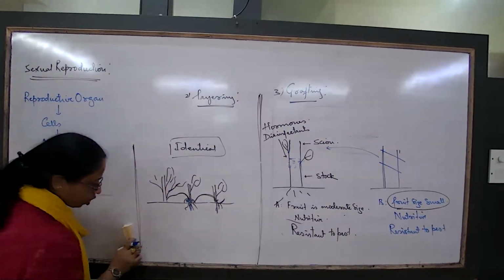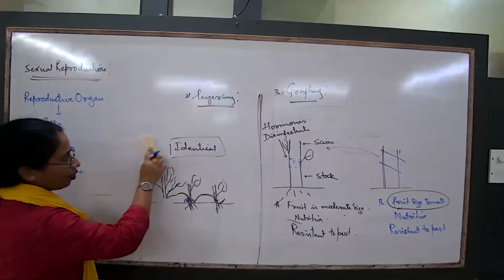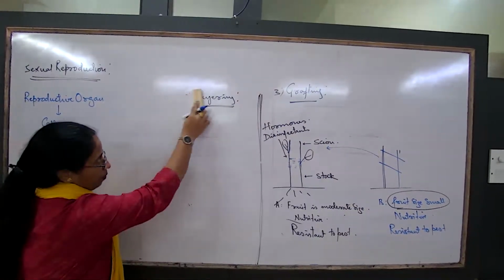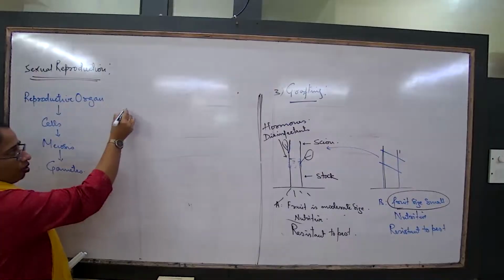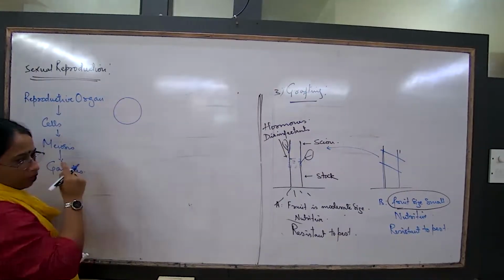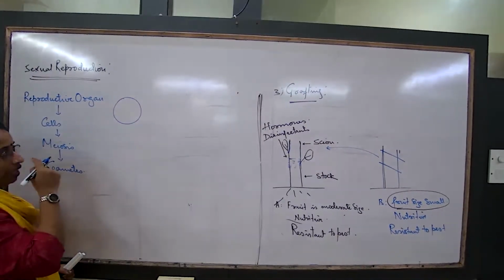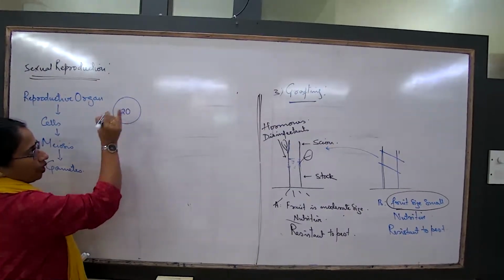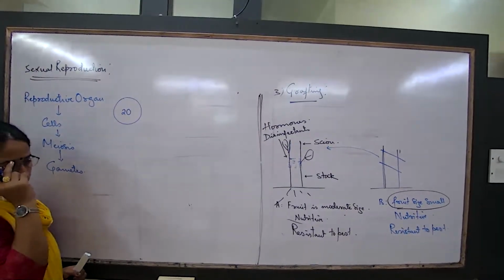Talking about the next concept of sexual reproduction, take a particular type of cell. I talk about any cell of a reproductive organ, and this cell is known to have 20 chromosomes.